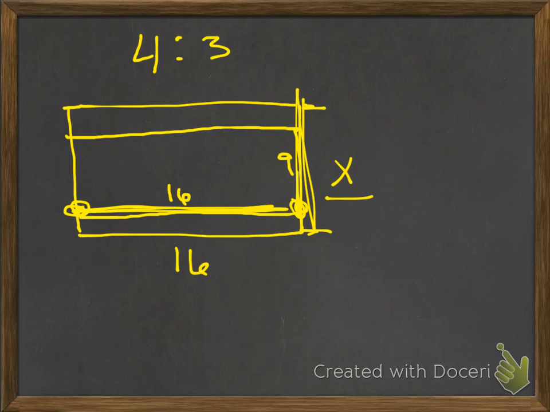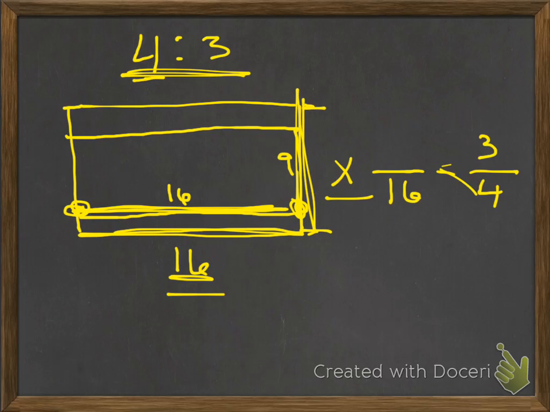So this and this are similar to the 4 to 3. And that's where I get the rest of that I set up. Notice, base, or length and length, or width and width, and then you've got your height, and this will be the height that you're looking for here, or x. Okay? And that would give you that. And then you can find the area.